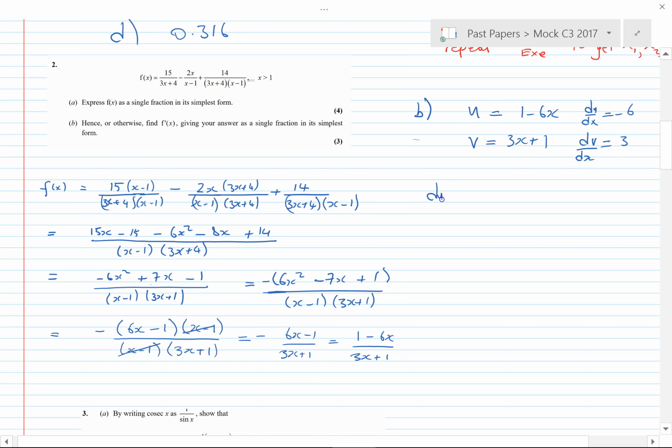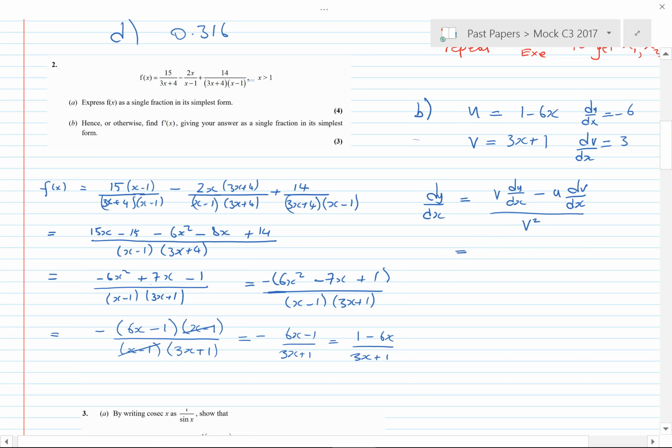The quotient rule says this: dy by dx is equal to v du by dx minus u dv by dx, all over v squared.